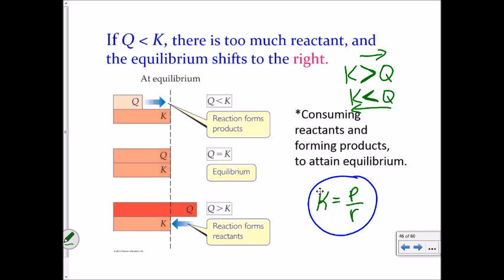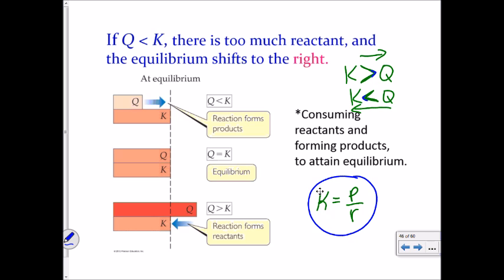Do you see what I'm talking about? That's another way to try to remember. If you look at this as an arrow pointing that way, it's going to proceed towards the products. If you look at this as an arrow pointing that way, it'll proceed towards the reactants. But you have to write K first, in alphabetical order, K then Q. So that's another nice, easy system of remembering.